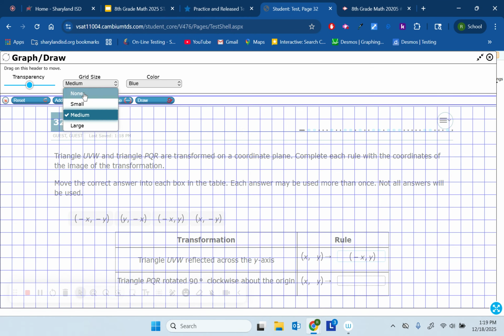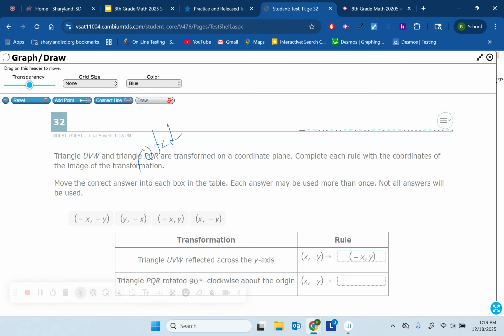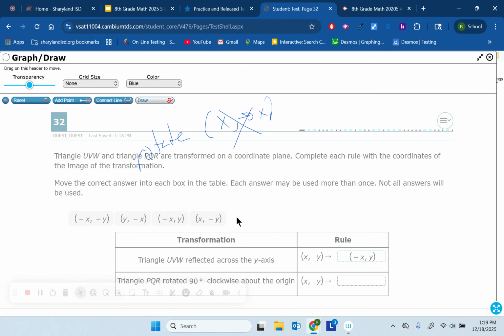Alrighty. So I'm taking this test. I know for rotate, x to an x is not working. Let me rethink that. I'm going from here to here, and that's by 90 degrees. The (-x, y) works because they're positive and x negative.